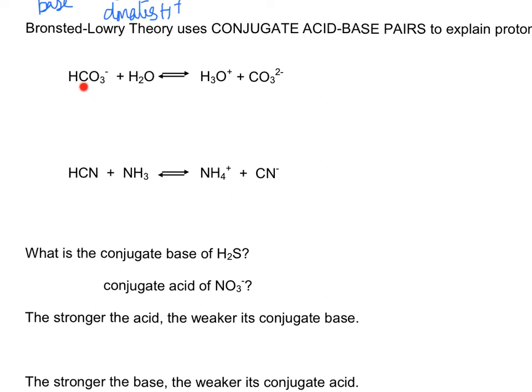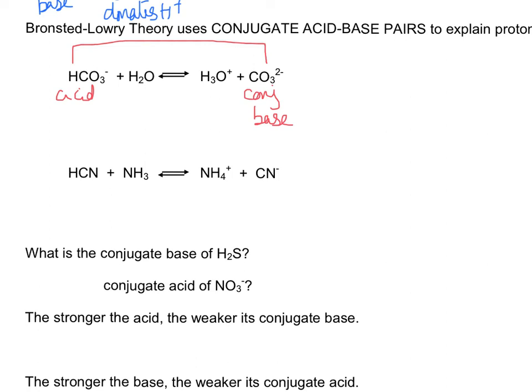So because this gave away its proton, we say this is a proton donor. So this would be our acid. And so the one that kind of looks like it, except it's missing an H plus, we say that this is the conjugate base. So those two look similar, except that the acid has an extra H plus in that pair.